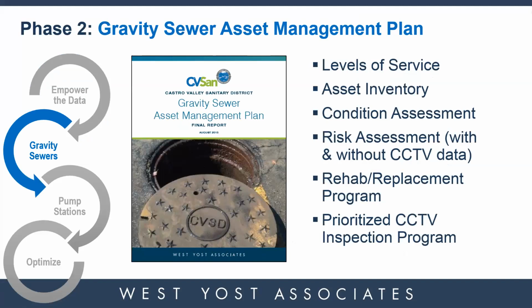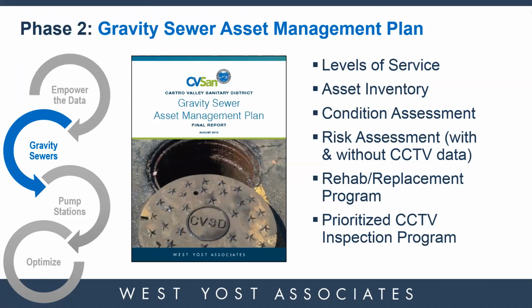So phase 2, once you get your data ready to process, is the gravity sewer asset management plan. This asset management plan included defining those levels of service and documenting them so everyone can be clear on what the goals are. It includes improving the asset inventory and running some summary information on the pipelines, on the gravity sewers.